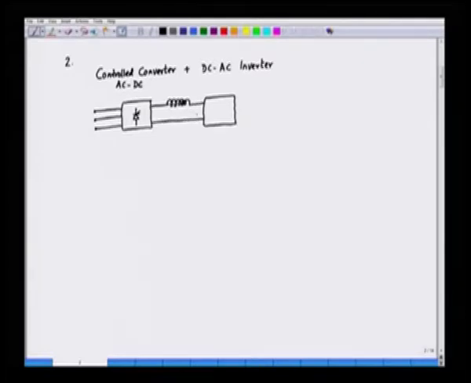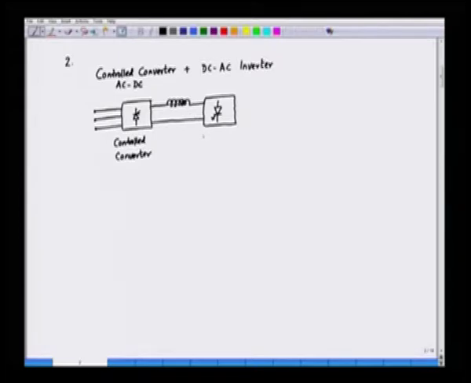So, here in this case we can have IGBTs or GTOs or even SCRs. So, we show that by means of a GTO here. The front end is a controlled converter, and after that we have an inverter.